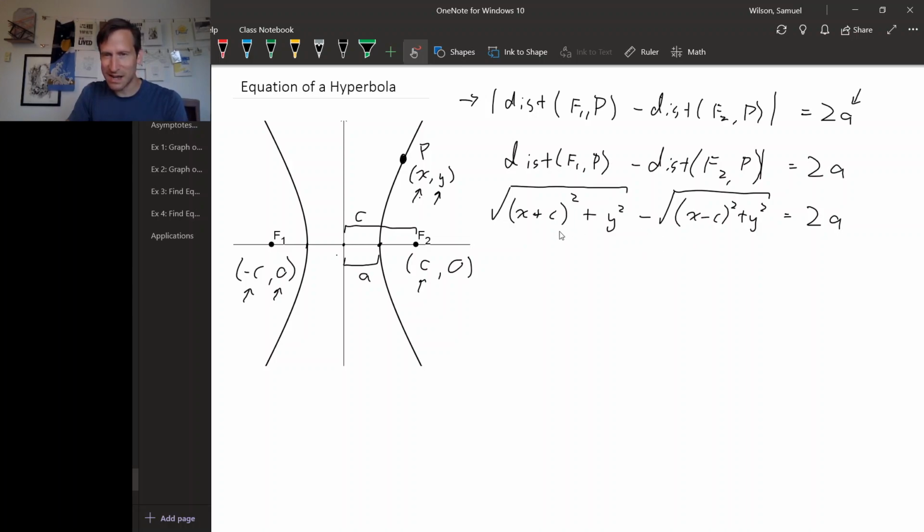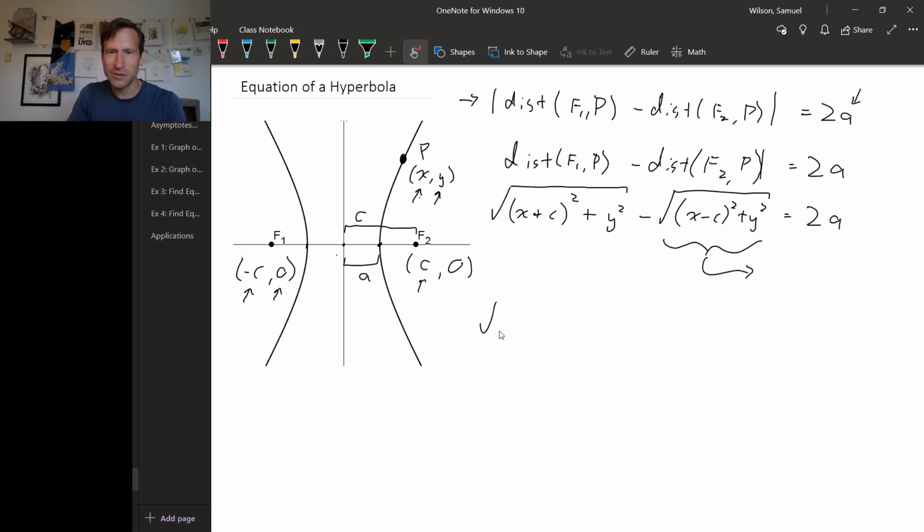So we're going to want to get rid of these square roots just to simplify this equation, because this equation is so complicated that it's hard to really know what it's saying. It's not clear how to use it. It would be nicer if there weren't square roots. So let's get rid of the square roots. To do that, we're going to take this part and move it to the right.